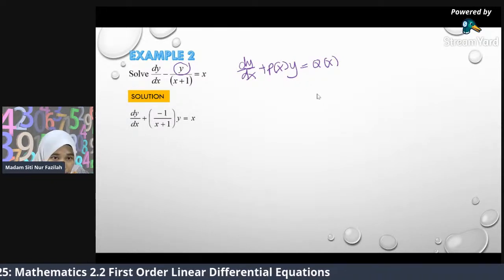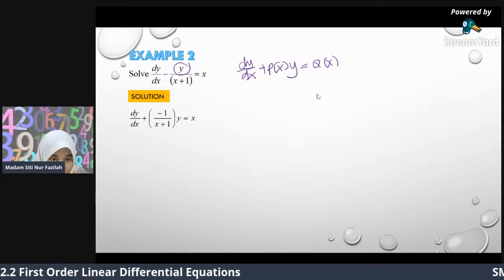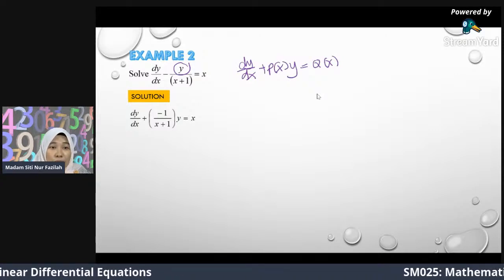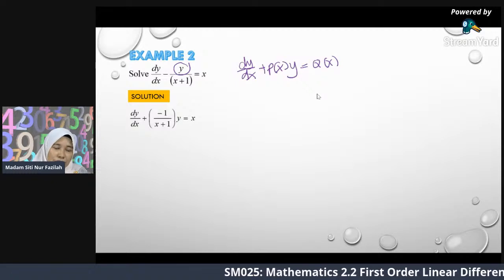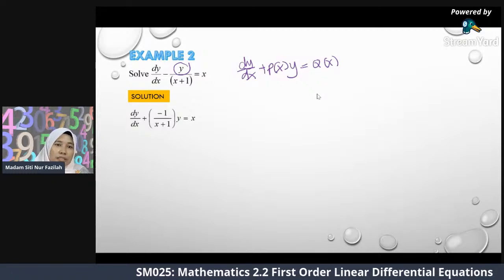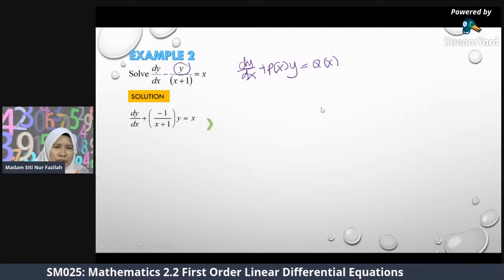I just rewrite it back: dy over dx plus negative 1 over x plus 1 times y equal x. This is easy to carry out.